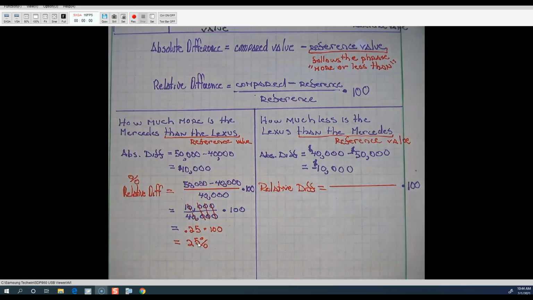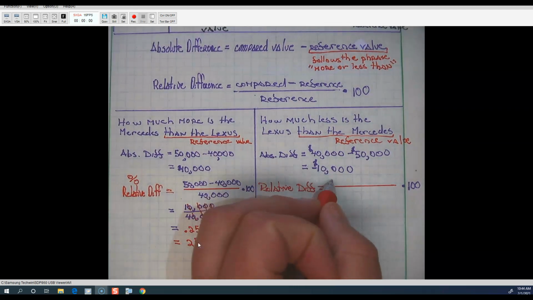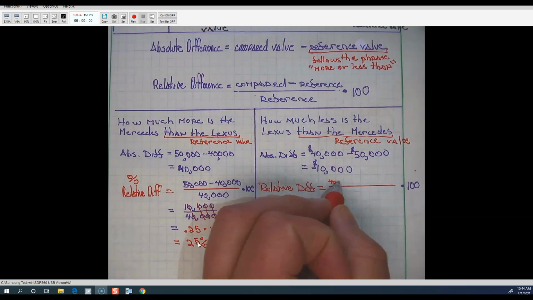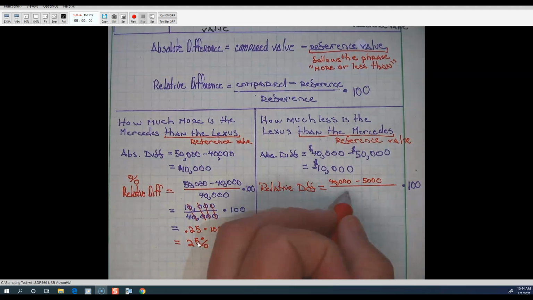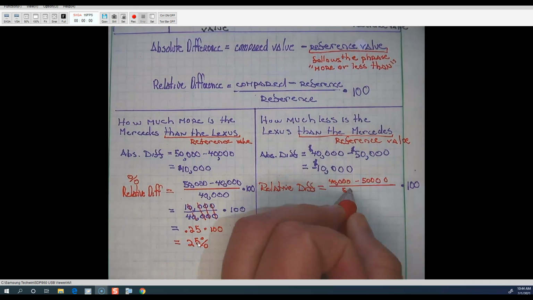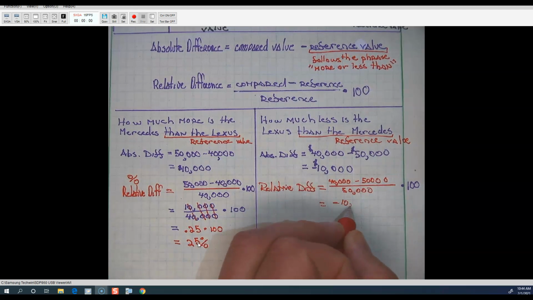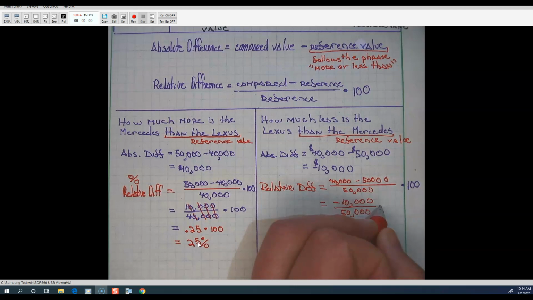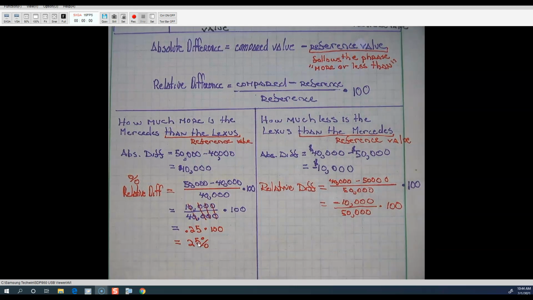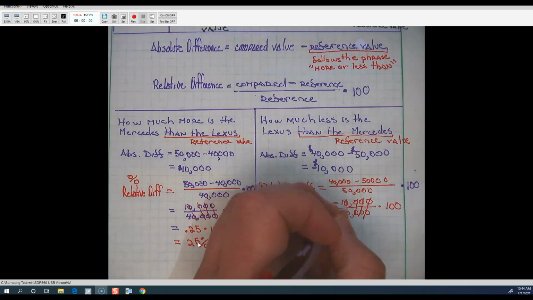All right, so over here, I'd have 40,000 minus 50,000, divided by 50,000. And then these are going to cancel, cancel, cancel, cancel.